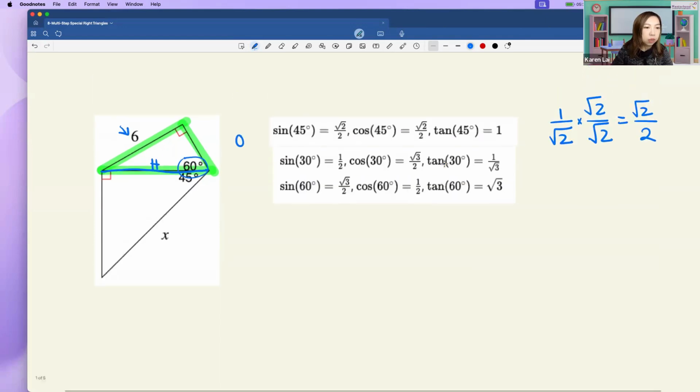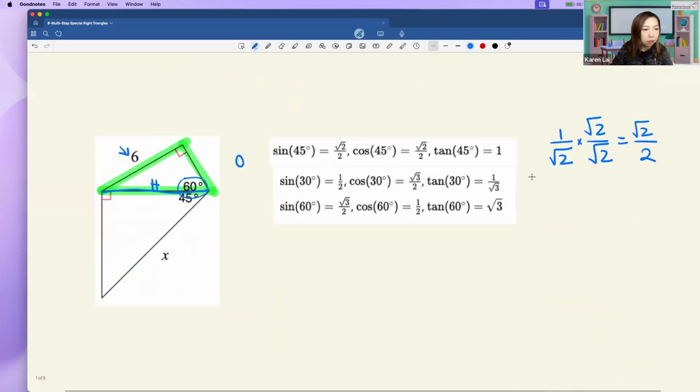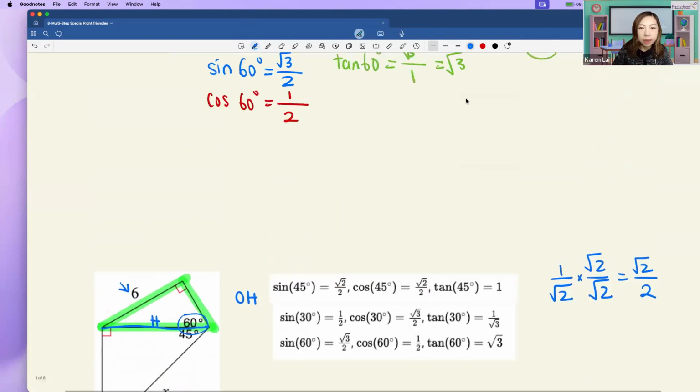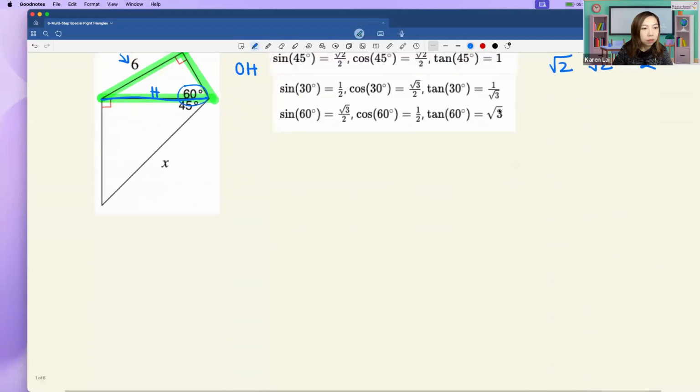Take a look at our triangle here. The hypotenuse is always the one that is opposite of the right angle. The right angle is here, so that would be our hypotenuse, which is the one we are trying to find. So with the O and the H in SOH CAH TOA, we are going to use sine.